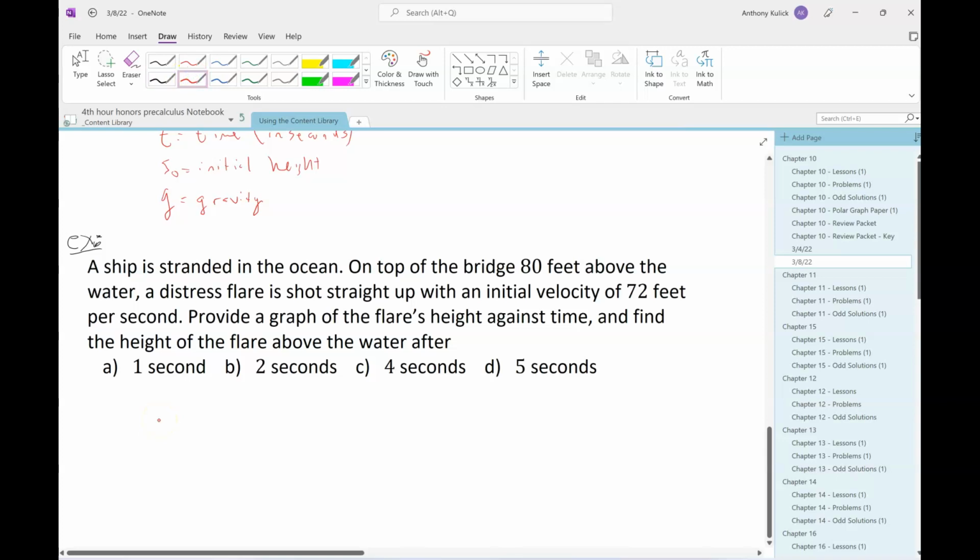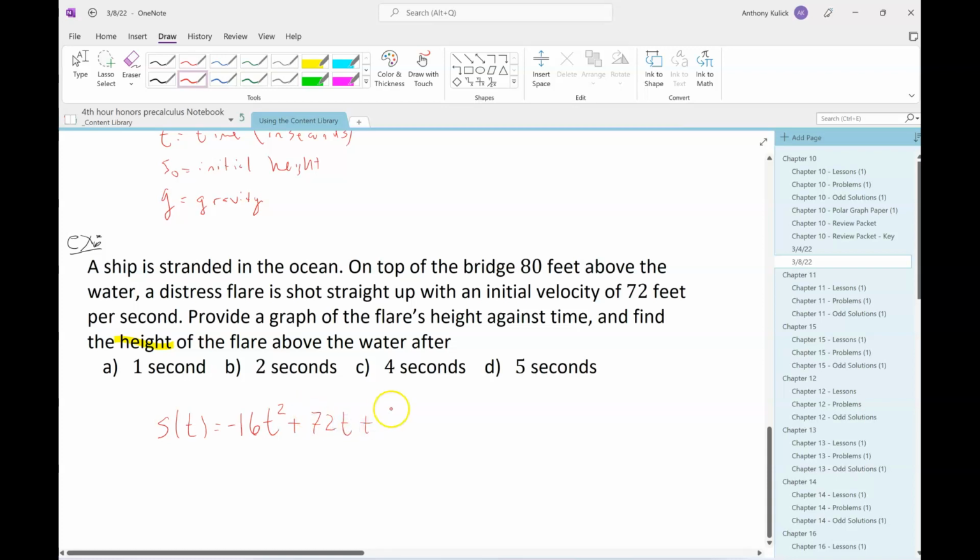So what are we looking for here? Heights, right? So which equation do I want to use? The position one or the velocity one? The position one. So what's the initial velocity? 72 feet per second.